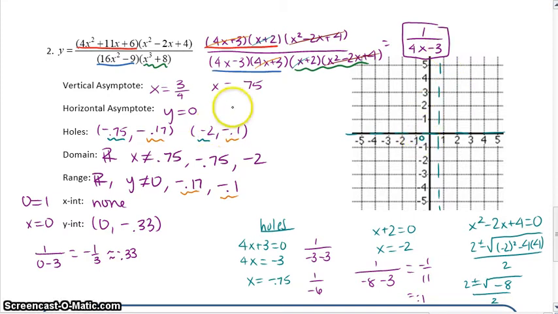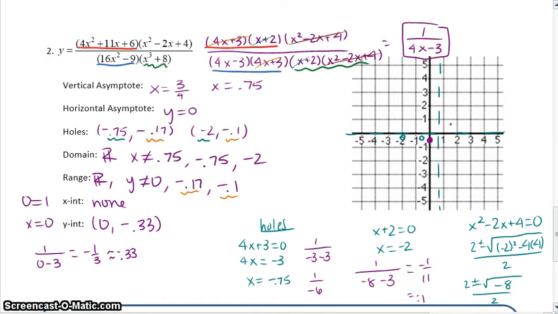We have another hole at negative 2 and negative 0.1, so that's roughly here, just a little bit higher to the x-axis. And since we don't have any more holes, we can just start plotting our intercepts. We don't have any x-intercepts, so we have a y-intercept of 0, negative 0.33, so that's roughly here.